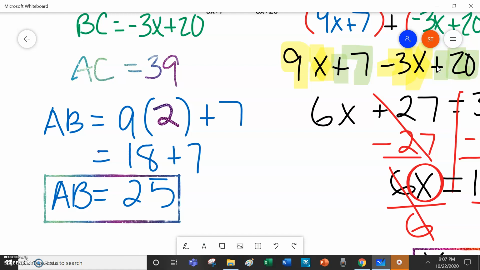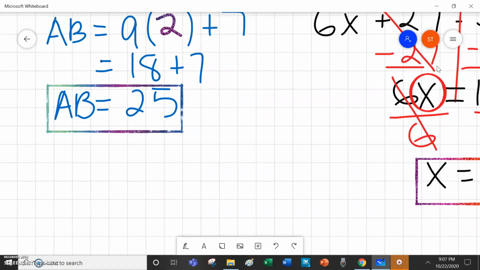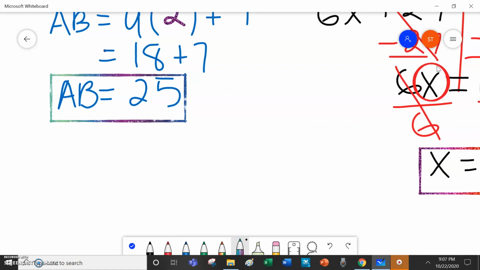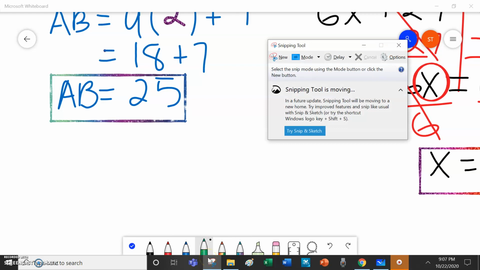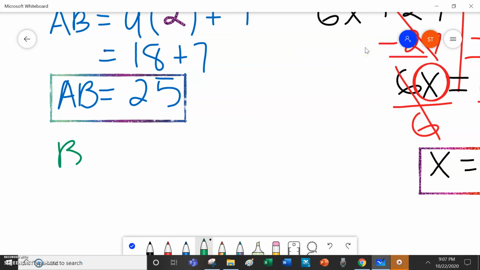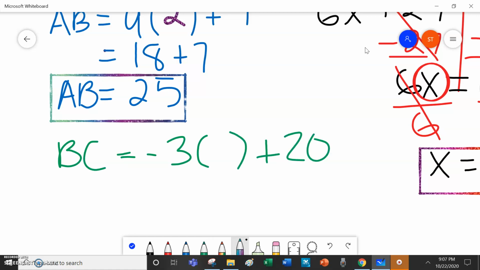And then BC is negative 3x plus 20, so I will now solve for BC. BC equals negative 3x plus 20, but instead of x, I'm putting in 2 once again. Negative 3 times 2 is negative 6. Negative 6 plus 20 is 14.